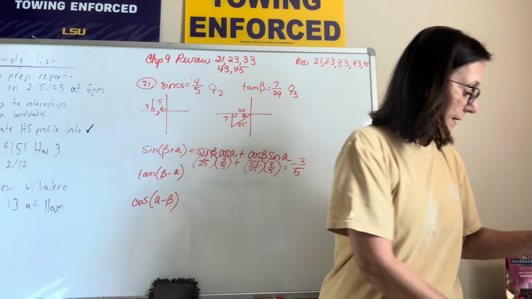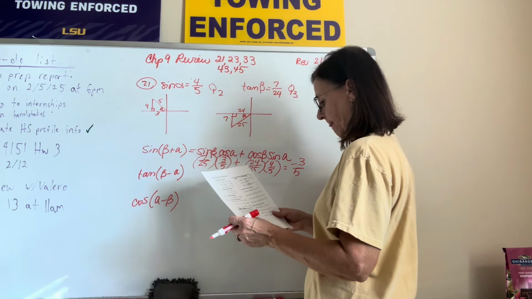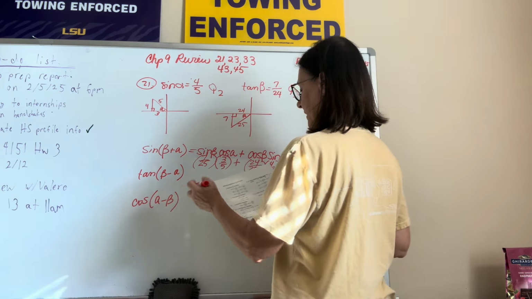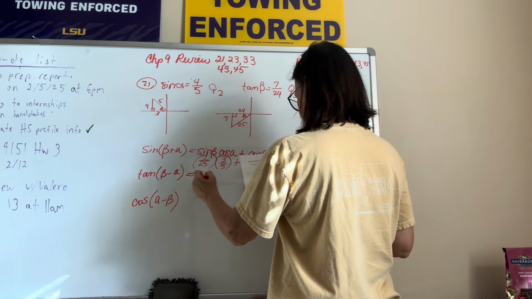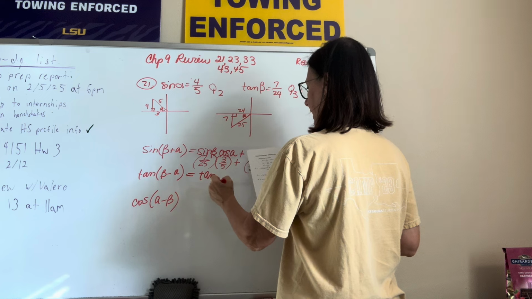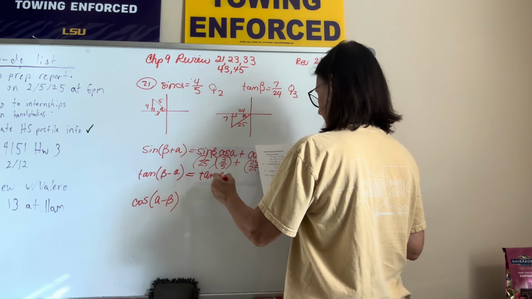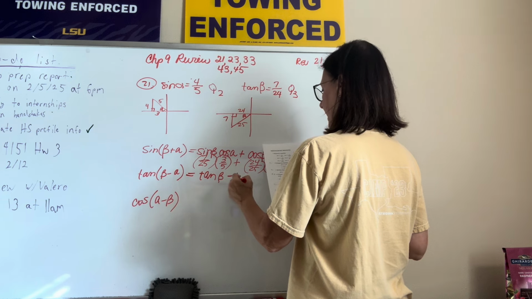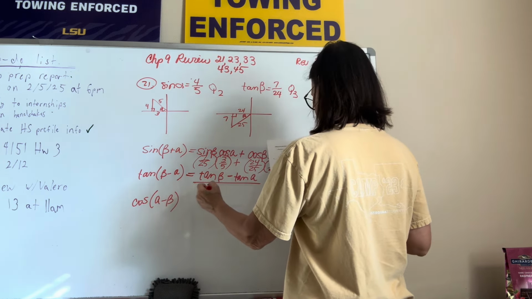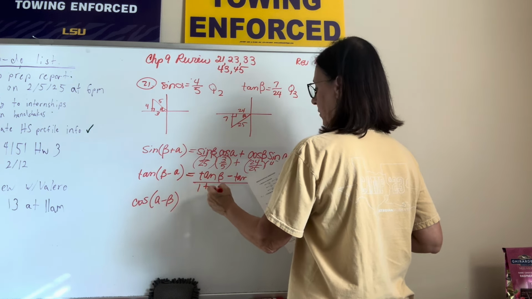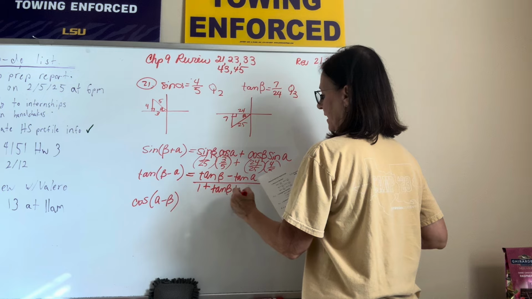So the tan of beta, I'm going to run out of room. It's the tan of beta minus tan of alpha over 1 plus tan of beta times tan of alpha.